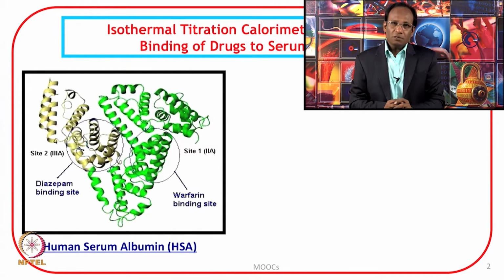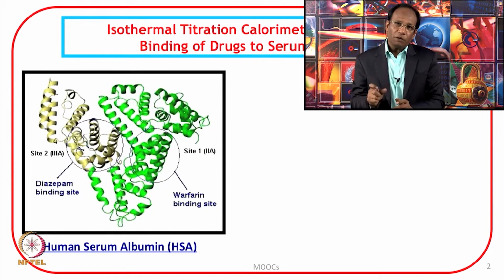It carries a variety of drugs to the target sites, and therefore, for the delivery of the drug at the target site, the binding affinity of the drug molecule with the serum albumin has to be optimum, because if the binding is very tight, it may not even be delivered, or if the binding is very loose, it may be delivered on the way before it reaches the target site.